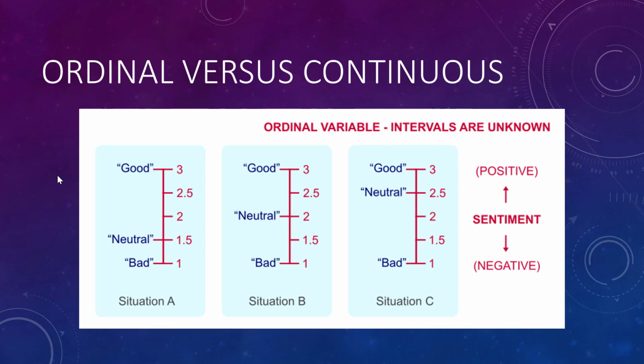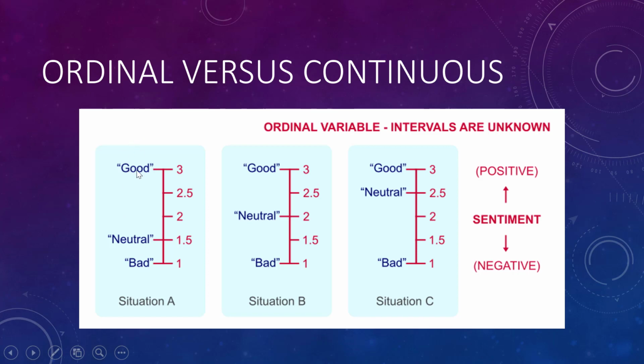Ordinal and continuous variables frequently get confused as to how we define them. With ordinal and continuous variables, they do look very similar, but in ordinal, we really don't know, in situation A, is the difference between bad and neutral the same as the difference between neutral and good?